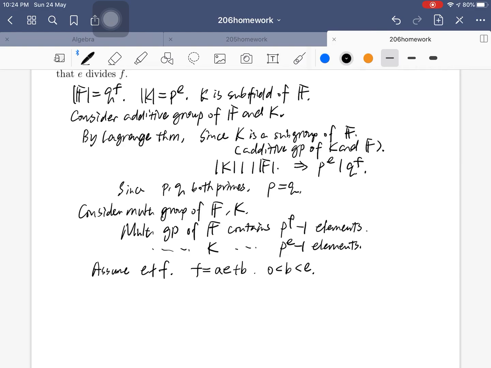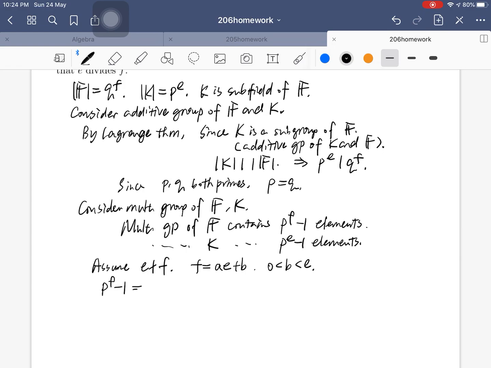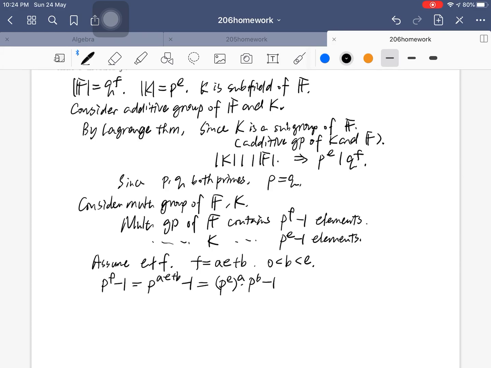Then we can rewrite P to the power f minus 1 as P to the power a e plus b minus 1, which equals (P to the power e) to the power a times P to the power b, minus 1.